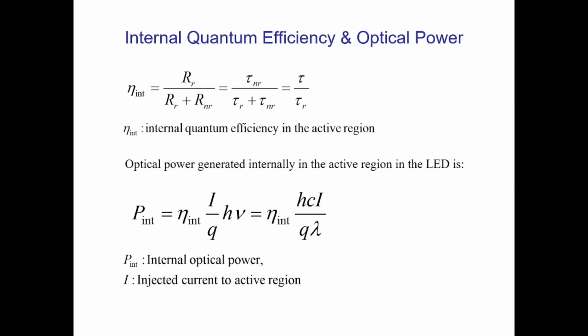And the internal quantum efficiency, when we consider it, relates the radiative recombination to the total recombination. So it is R r divided by R r plus R nr, and can also be expressed in terms of the carrier lifetime as tau nr divided by tau r plus tau nr.